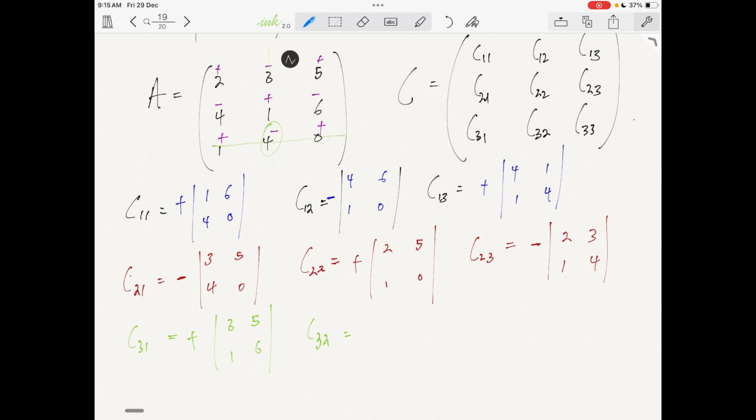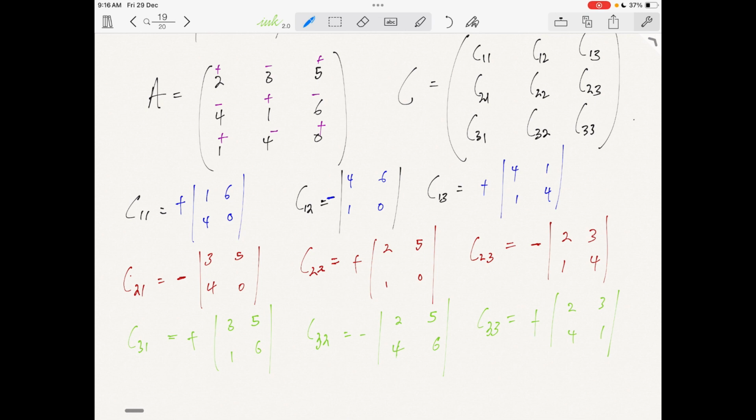You'll be left with 2, 5, 4, 6, and the sign is negative. And finally C33, the sign is positive. Strike them out accordingly and you will have 2, 3, 4, 1.